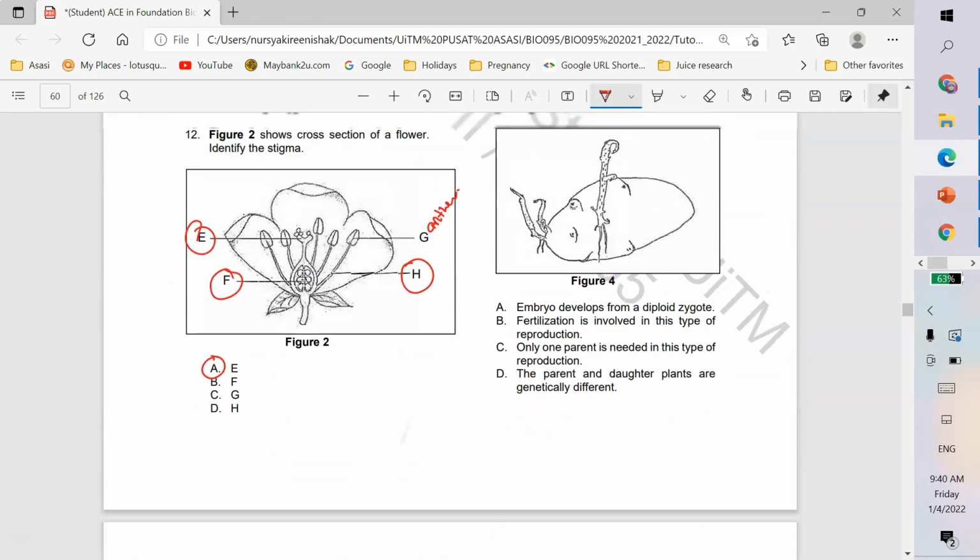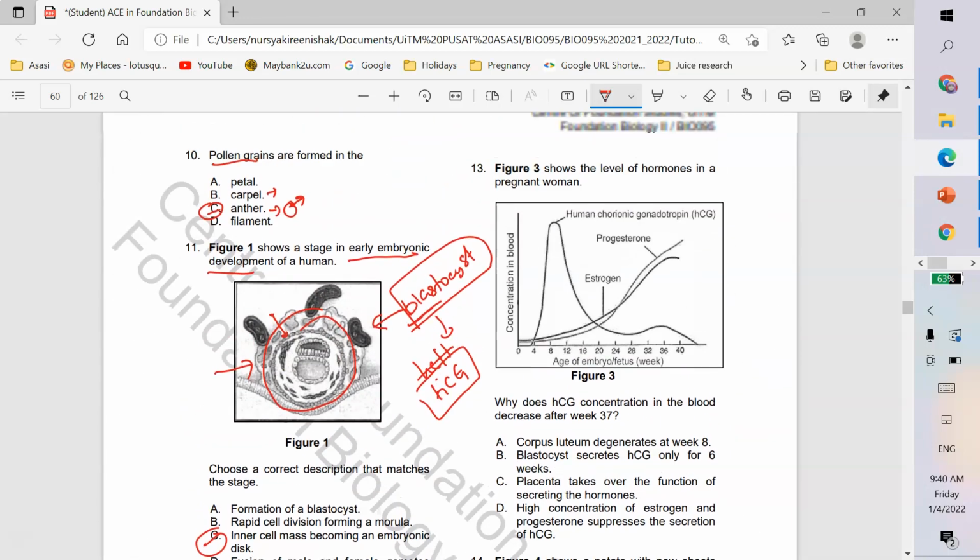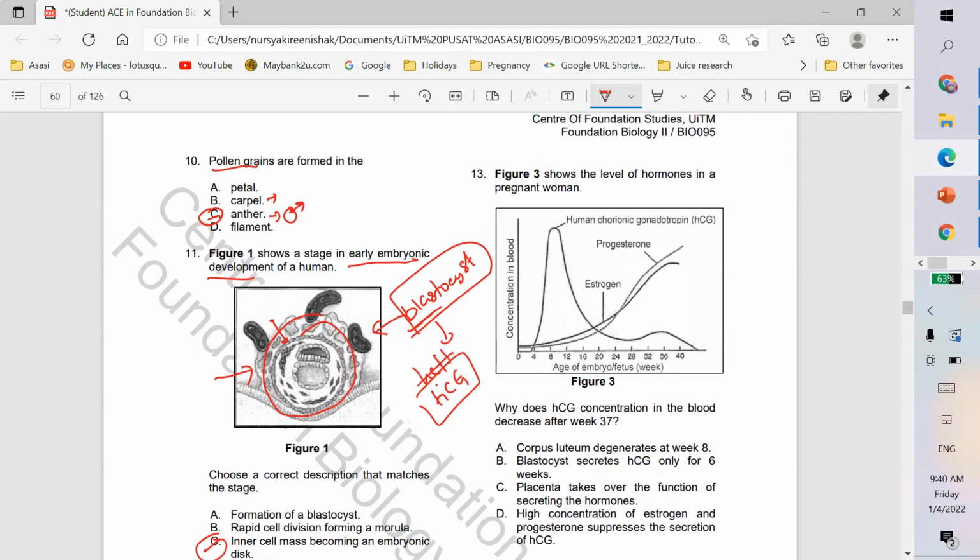Question 13. We cannot hear you. Boleh Afifah?